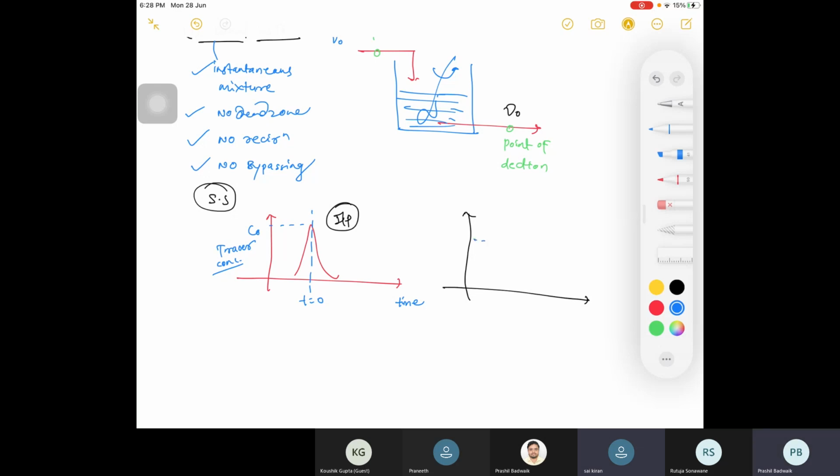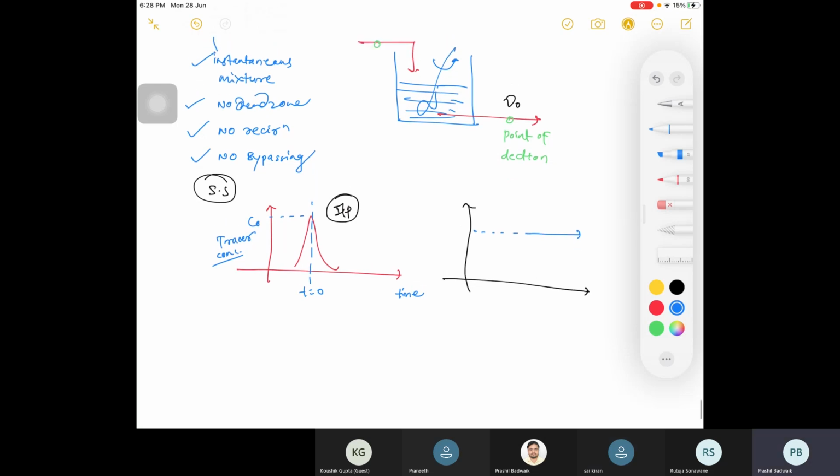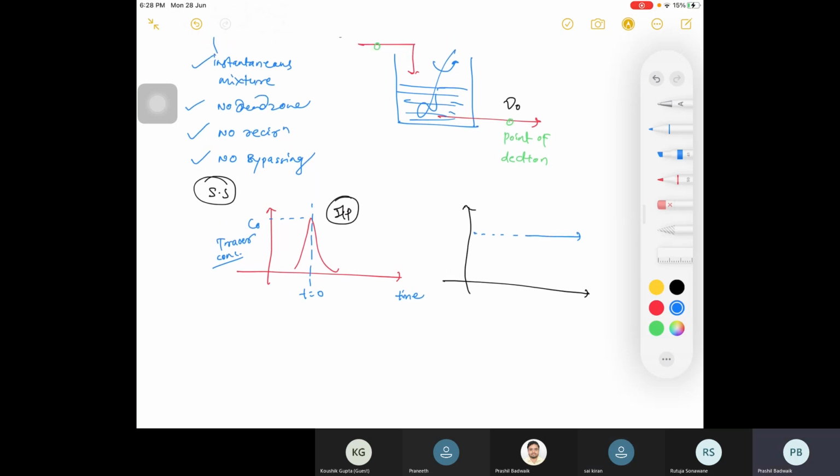Okay, constant you are saying. So don't worry. We will balance it and we'll calculate what should be its profile, right?